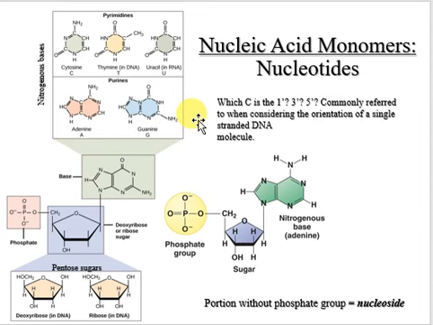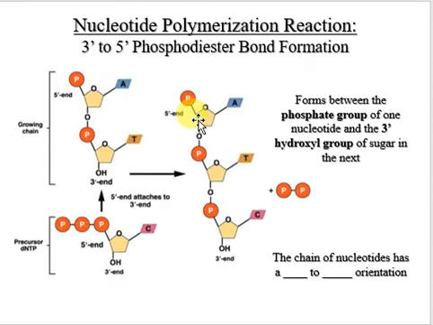Now, nucleotides are linked together to form these polymer chains, which represent DNA or RNA. And they're linked by what's known as a phosphodiester bond. That bond forms between the phosphate group of one nucleotide and the 3' hydroxyl group on the sugar of the adjacent one.